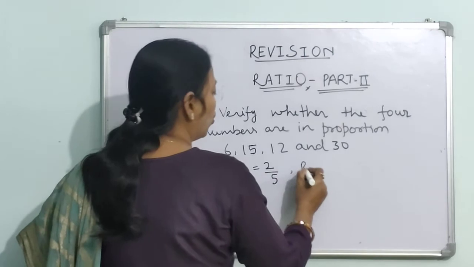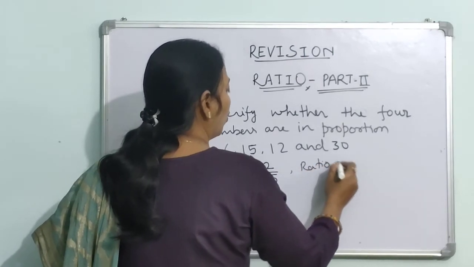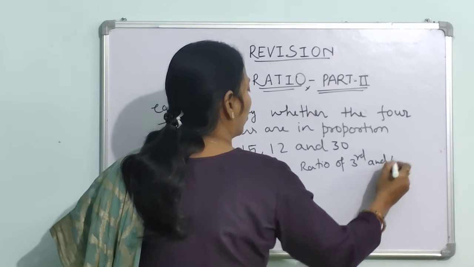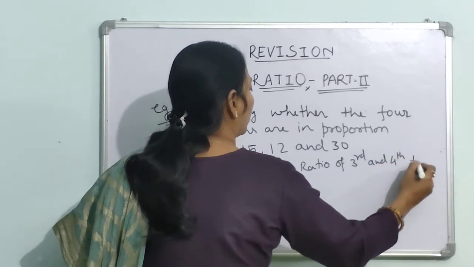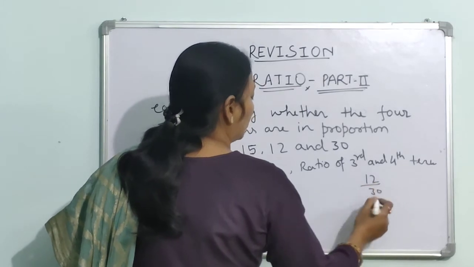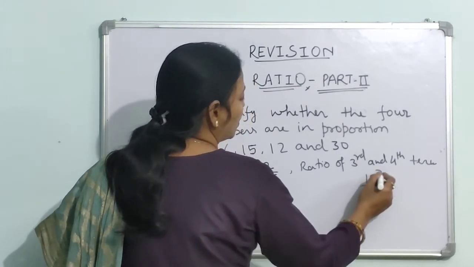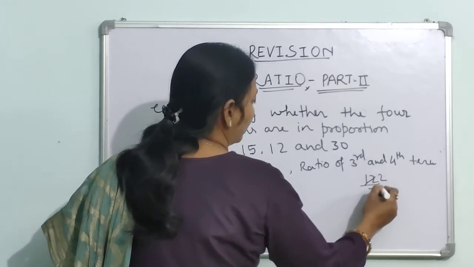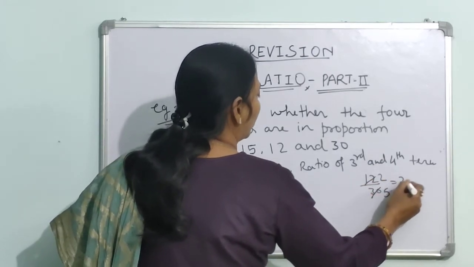Now take the ratio of the third and fourth term. So it will be 12 upon 30. Simplify it. You can divide it by 6. 6 2s are 12 and 6 5s are 30. So 2 by 5.